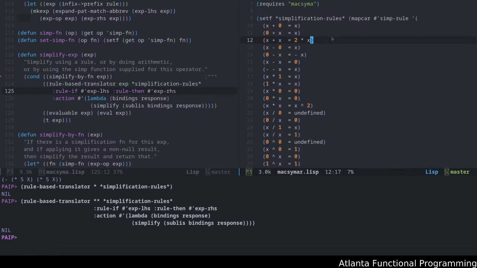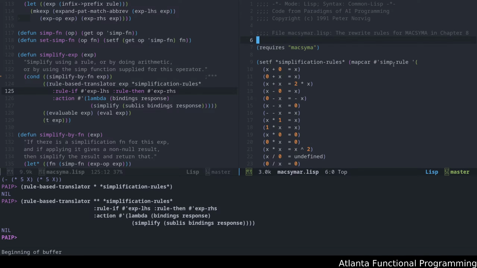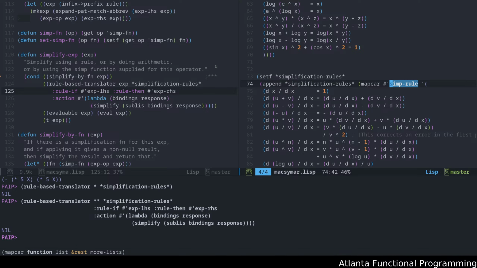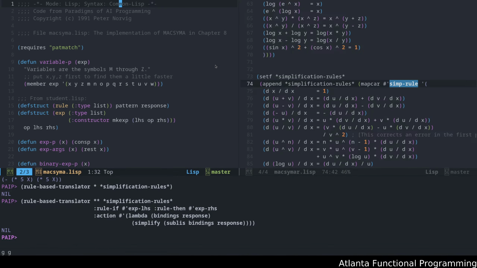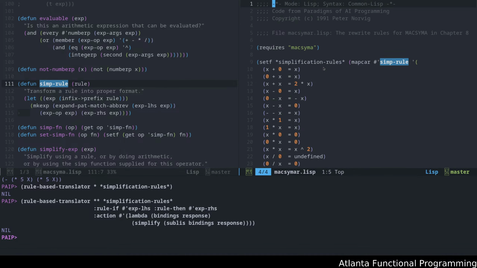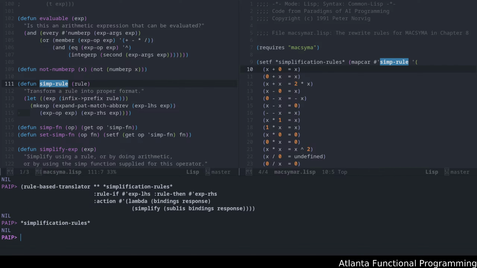Hold on, let me look at this for a second here. This is transforming this all into the simp rule. Simp rule. Here we go. Expanded pattern match abbreviation to the proper format. Okay. So this is just setting up the rules. Let me see how these rules look once we've done this, because that might give us an indication as to what we're missing here.